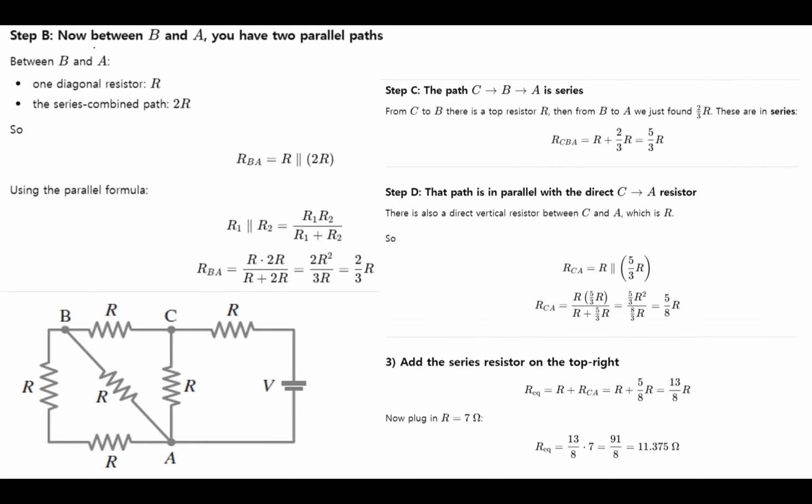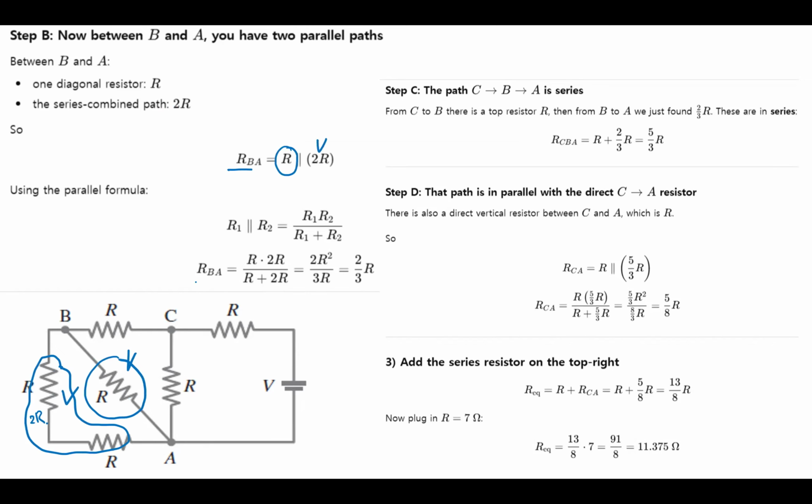And then step B, now between B and A, you have two parallel paths. One diagonal resistor, BA here, and then there's this part, 2R, right, between B and A. So that RBA is a parallel resistor with the R here and the 2R.